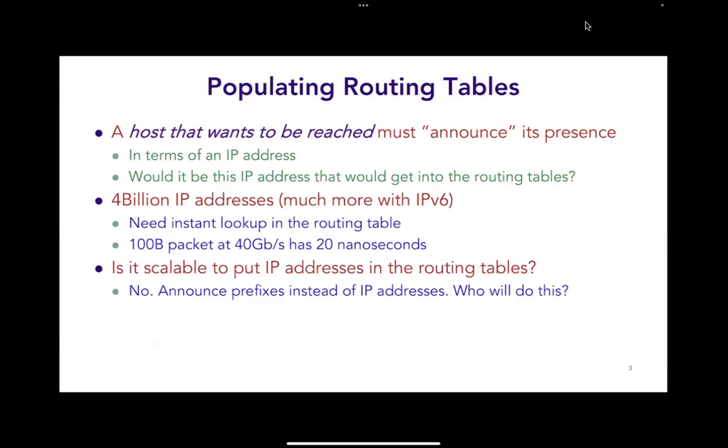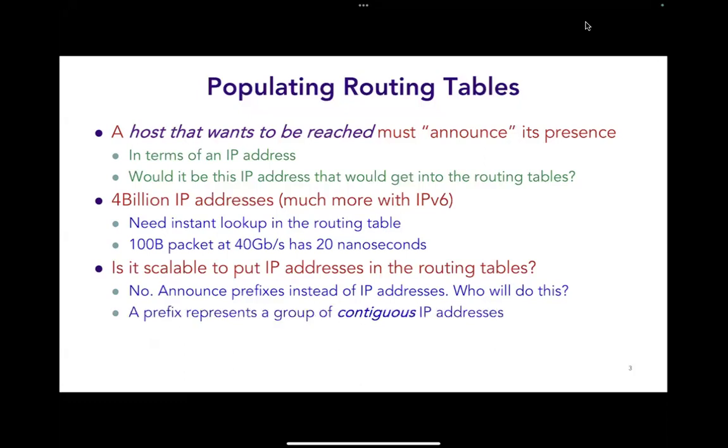We know that every host has just one single IP address, but many of these hosts might be connected to a router, directly connected or indirectly connected. So a router which knows how to access a group of IP addresses, which are represented by a single prefix, that router would be responsible for announcing the prefix.